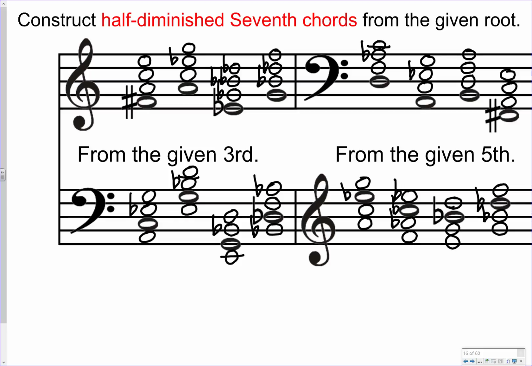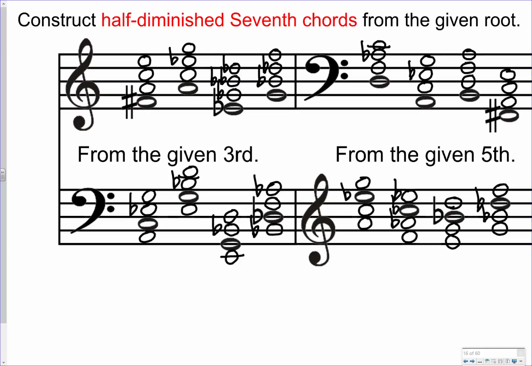Okay, you can check the first line as well now. There was a really easy way that I just did that. I took the fifth, and from fifth to seventh, I realized that we need a major third. So that made life a lot easier for me. Also notice that I did not alter the given note in any way.